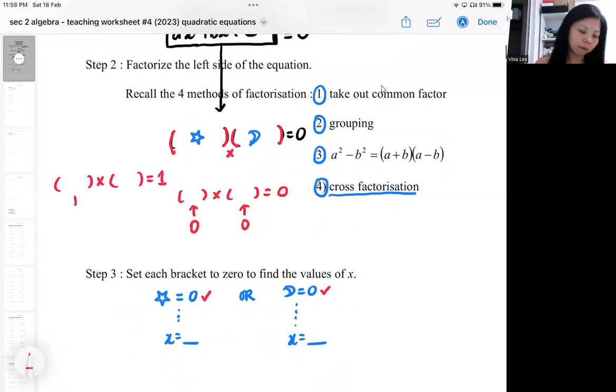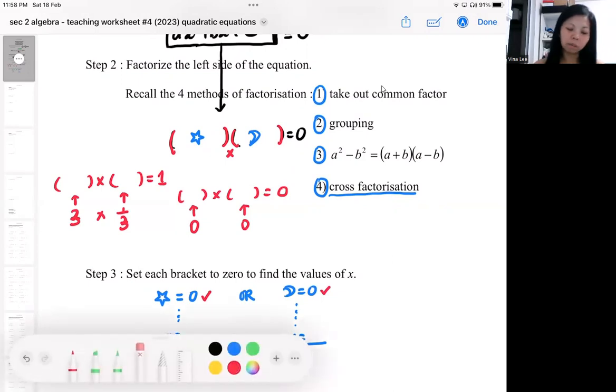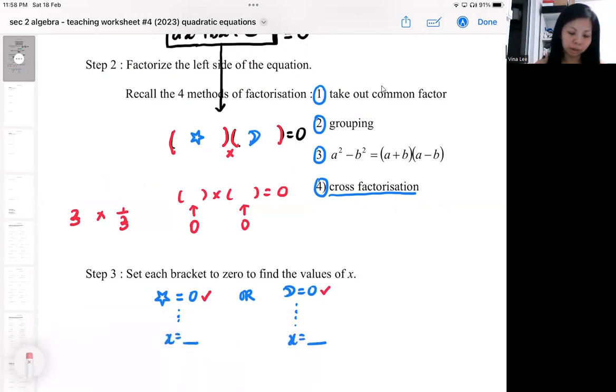For example, this one can be a 2 and this one can be a half. When you multiply, you will get 1. Or maybe this can be a 3 and this one is a 1/3. The product is also a 1. So in fact, there are a lot of options that multiply to get a 1. There are too many options to explore, so it's not possible for you to find the values of x.